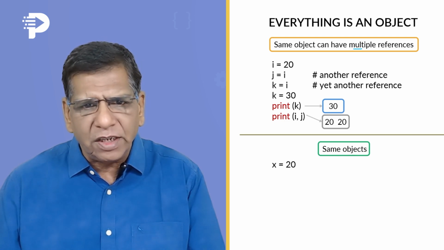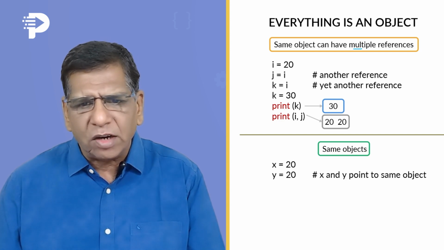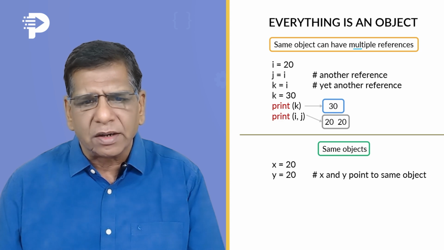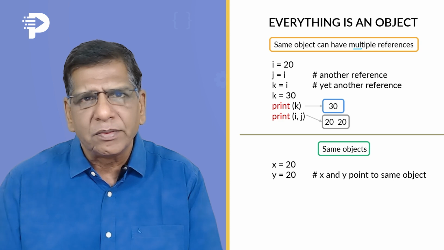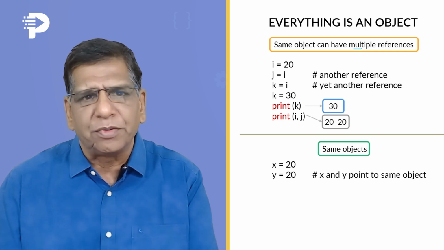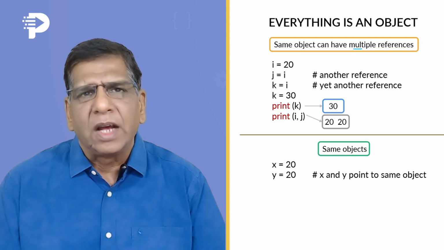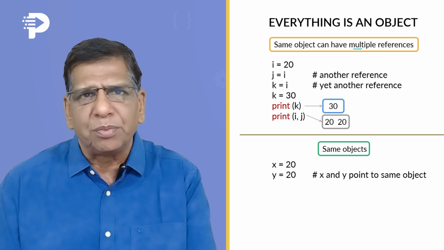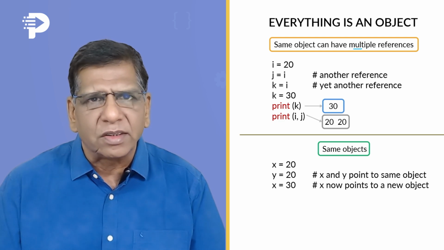Here, since 20 and 20 are the same, x and y point to the same object, but that argument does not hold good here. Even though the objects are going to contain 10 and 20, they would be treated as two different objects whose addresses are stored in x and y. Again, using the id function, you can print out the addresses present in x and y and get this verified yourself.